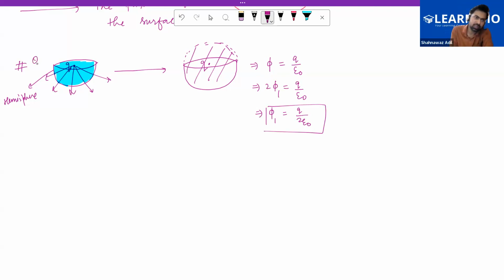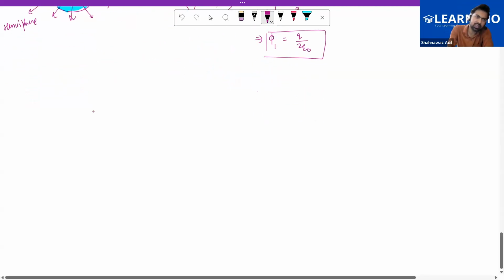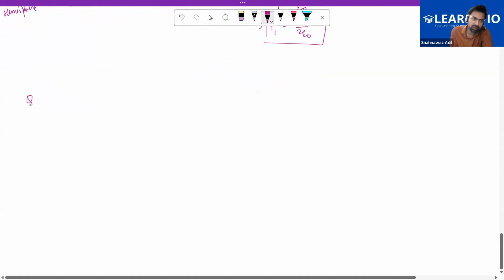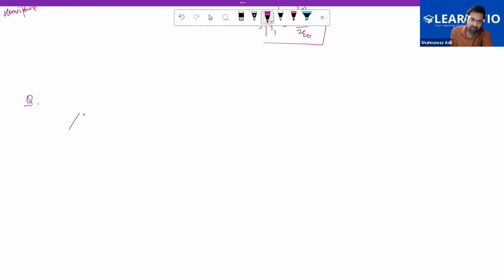So this is one such question. Another question that they may ask is this one. You have a sheet, and on top of this sheet, let's say at a distance, some charge is put. Now, what is the flux passing through this sheet?